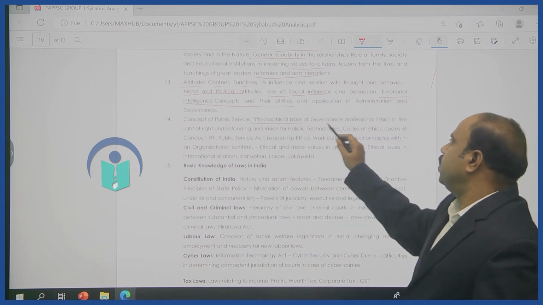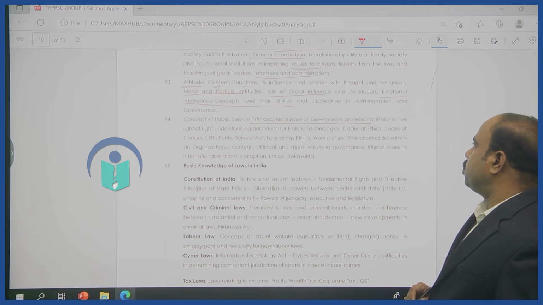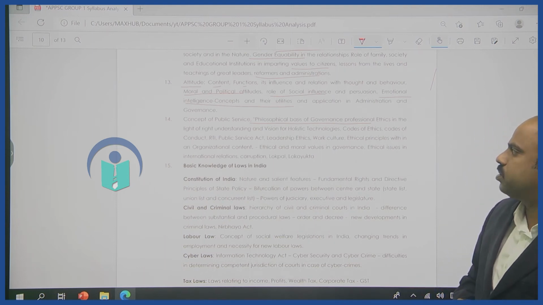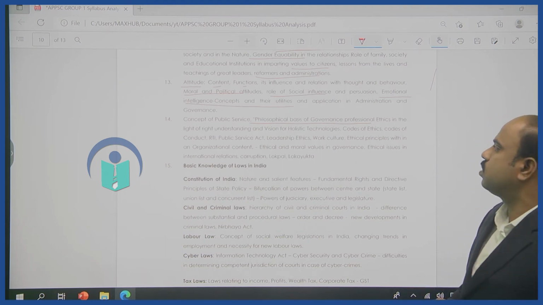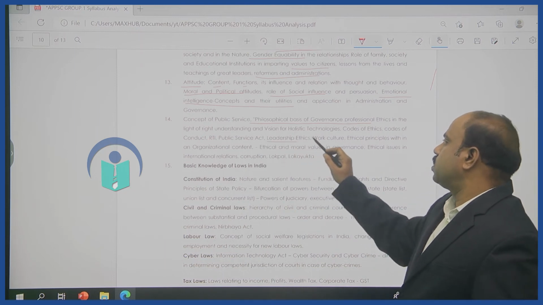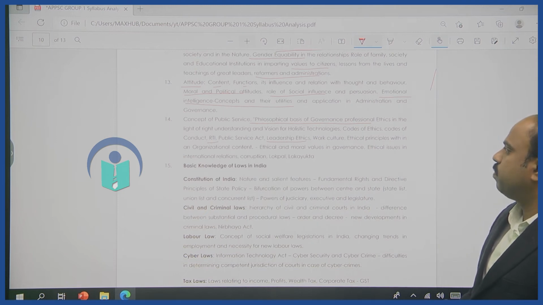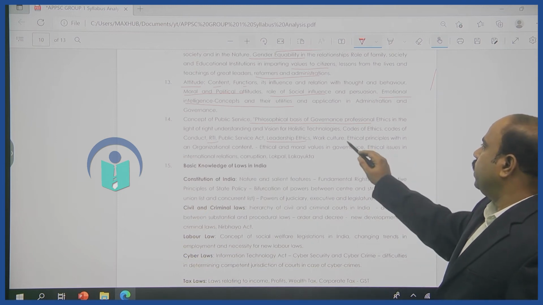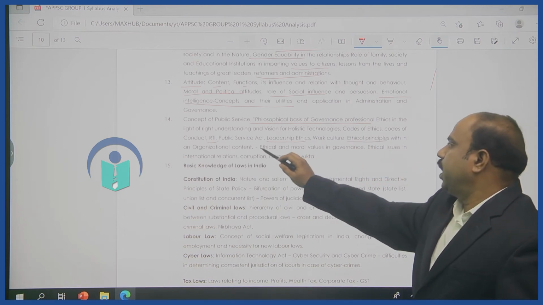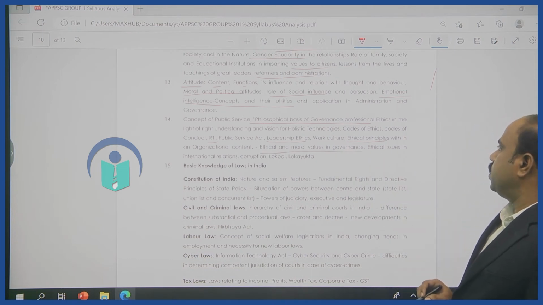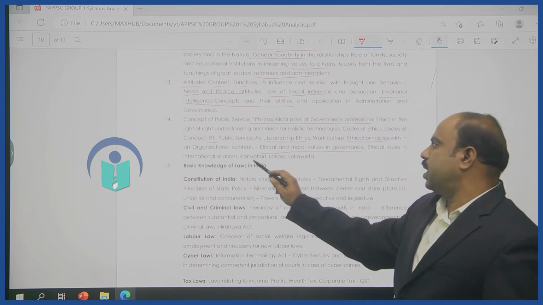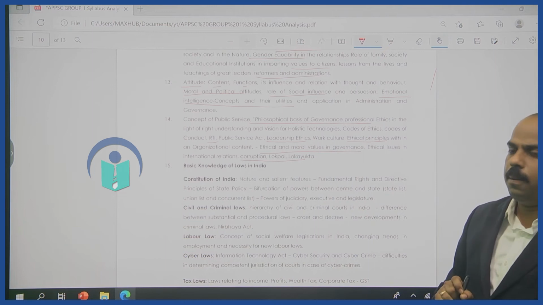Philosophical basis of governance, professional ethics in light of right understanding and vision of holistic technologies. Following, leadership ethics, RTI, right to information, ethical principles, ethical and moral values in governance, ethical issues in international relations, corruption, Lokpal and Lokayukta.